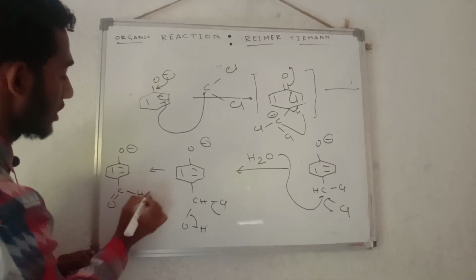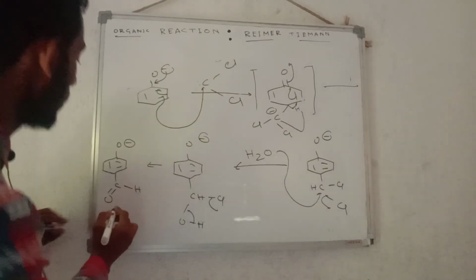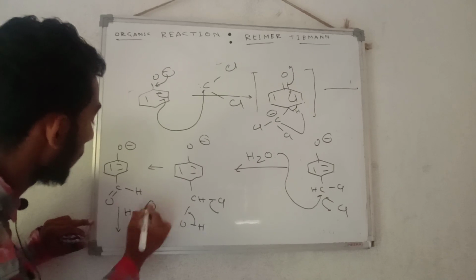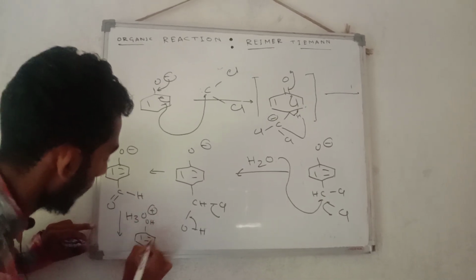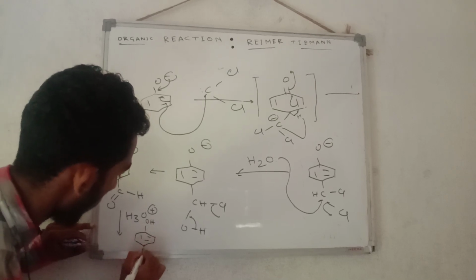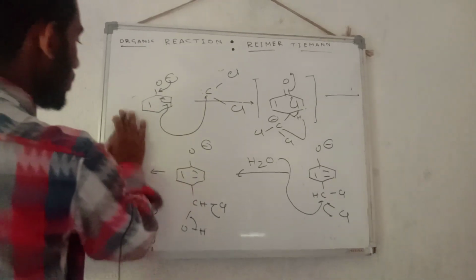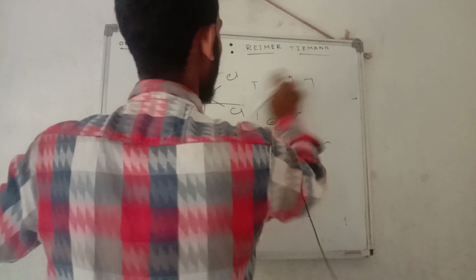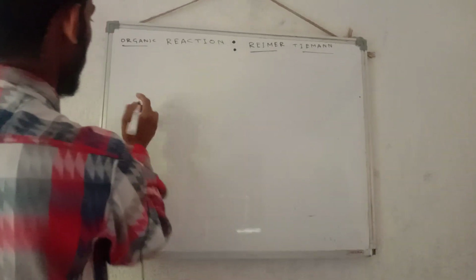Since the system is basic, there is no acidic hydrogen, and hence if we work up this system, we will get the para-hydroxybenzaldehyde. Ultimately, if we treat phenol in the presence of chloroform and any alkaline hydroxide, we will get ortho-hydroxybenzaldehyde and para-hydroxybenzaldehyde.